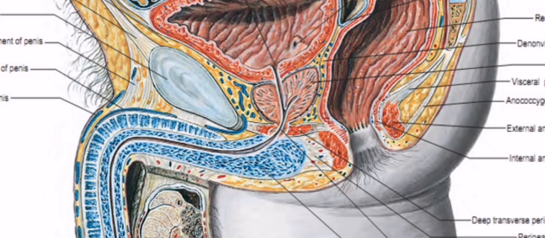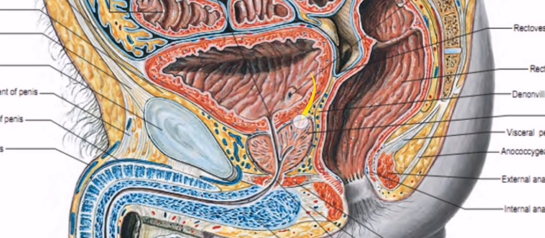It is a wedge of the gland situated between the urethra and the ejaculatory duct. Its upper surface is related to the trigone of the bladder. It is rich in glands. This is the median or middle lobe.